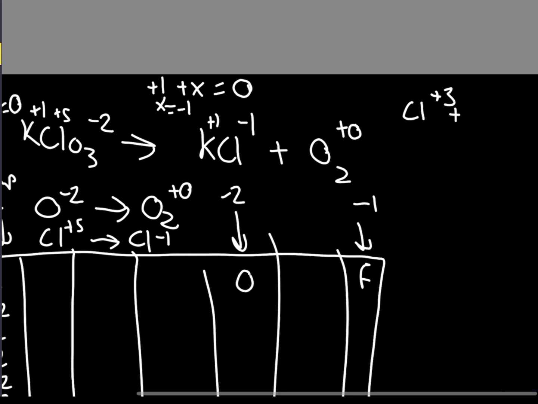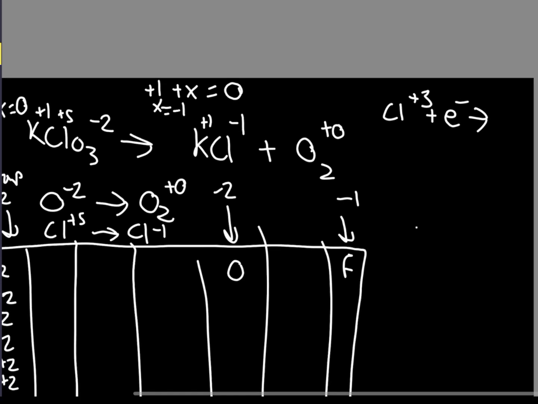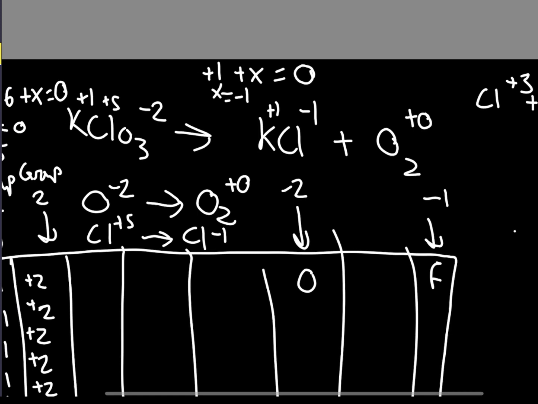If you give this chlorine atom an electron, it forms a chlorine atom with a +2 charge, because 3 plus -1 gives us 2. So if the oxidation number decreases in value, you're gaining electrons, which means this thing is being reduced. And that means the oxygen is being oxidized. Therefore, this is an oxidation reduction reaction.